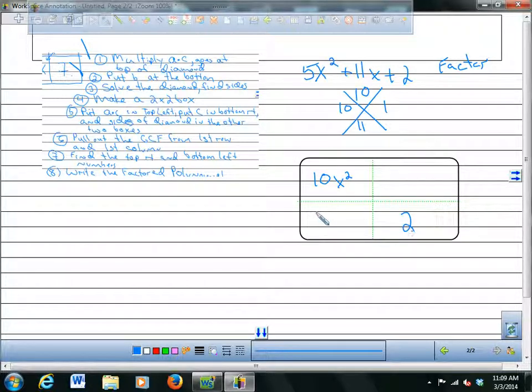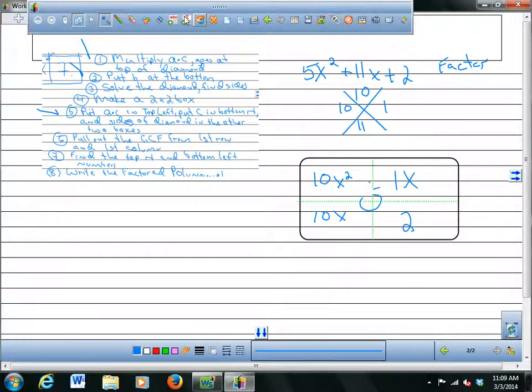So what goes here? 10x, and what goes here? 1x. Yes? Okay. Now, I've done that. And don't forget that there's an x with those, because these two things have to add up to this 11x. So if I added those up, you get an 11x right in the middle.